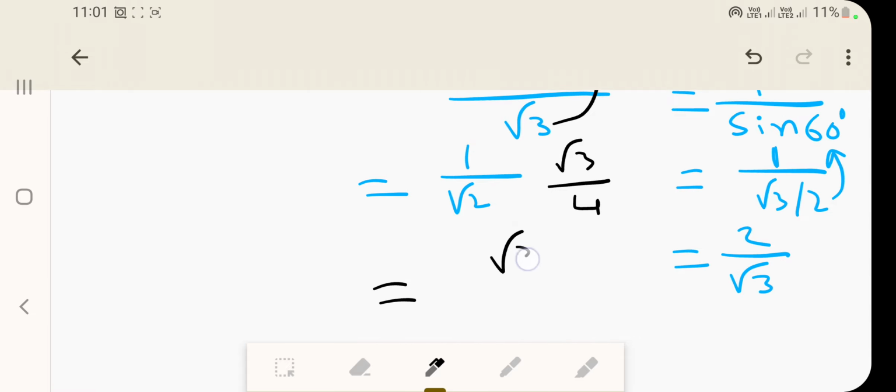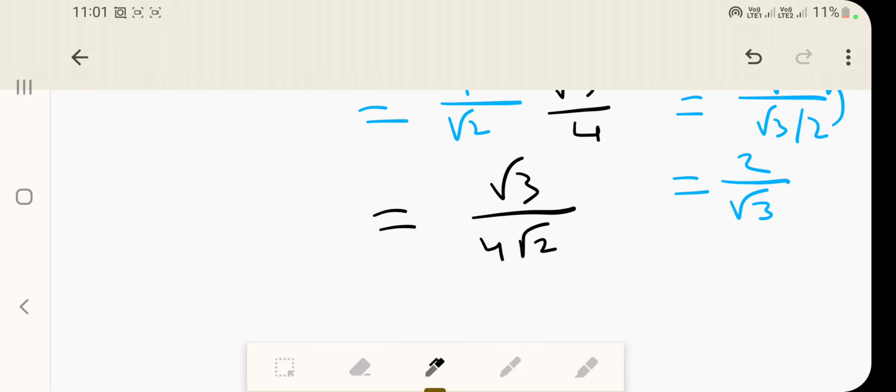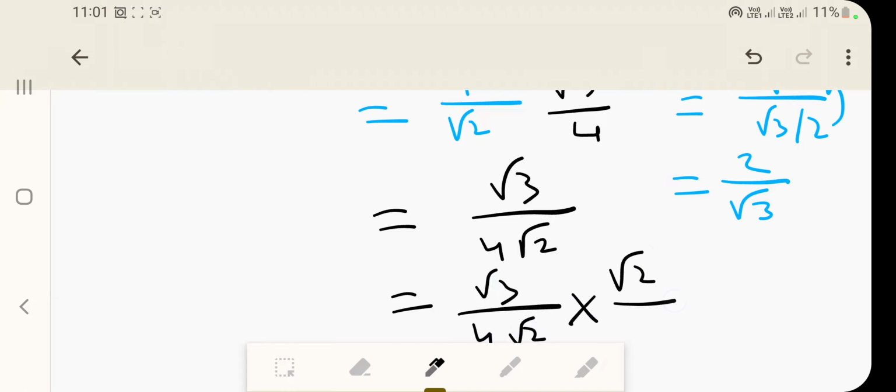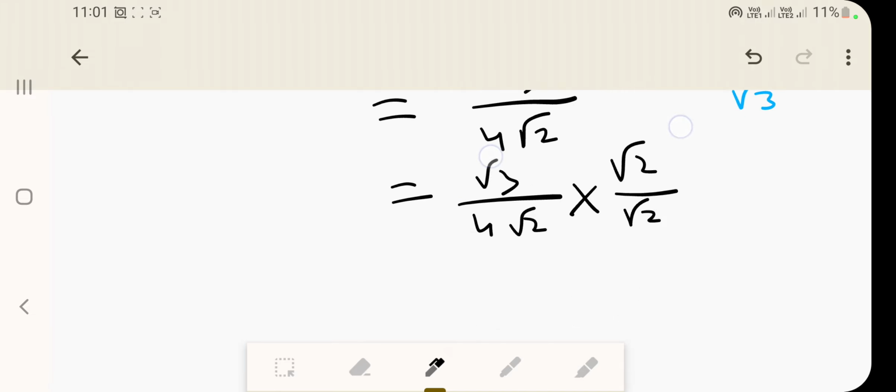As I said earlier, we always try to avoid a square root in the denominator. So you have to multiply numerator and denominator with root 2, so that the denominator root will get cancelled. So we get here root 2 into root 3. We can take 2 and 3 in the same square root.